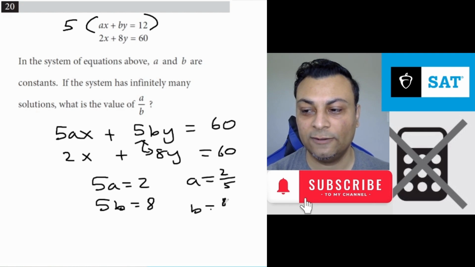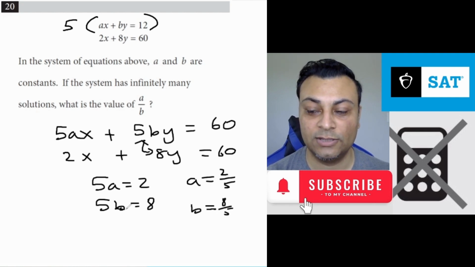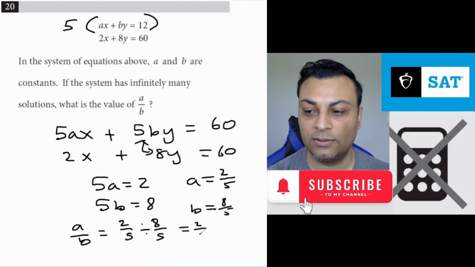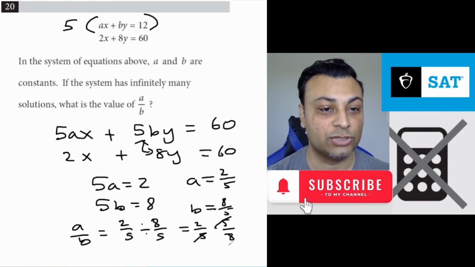B would be 8/5 by solving these equations. And then your final answer would be A over B, which is 2/5 divided by 8/5, which is 2/5 times 5/8, which is 2/8, which is a quarter. So the answer is 1/4.